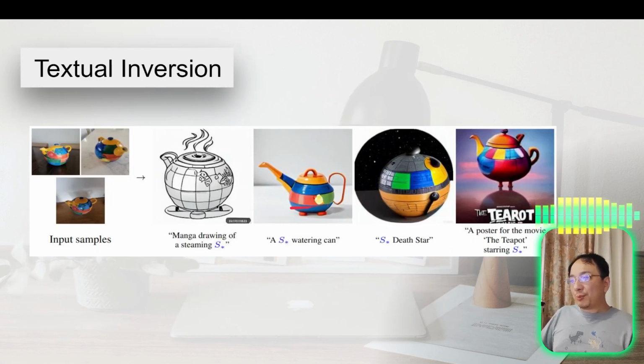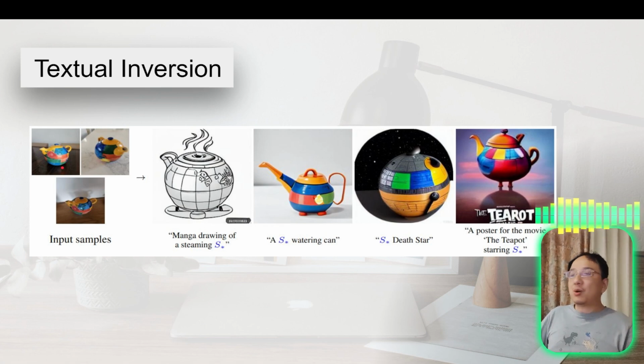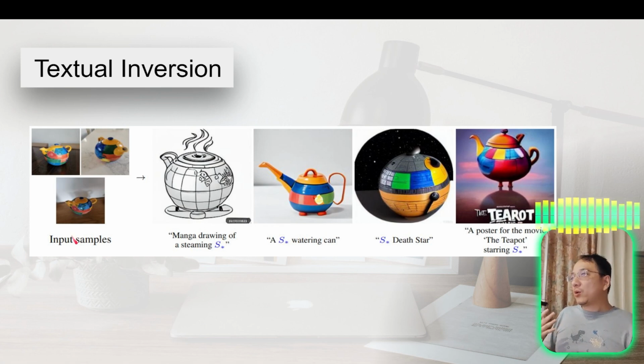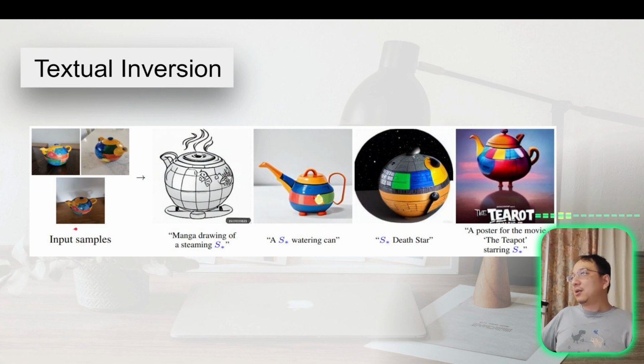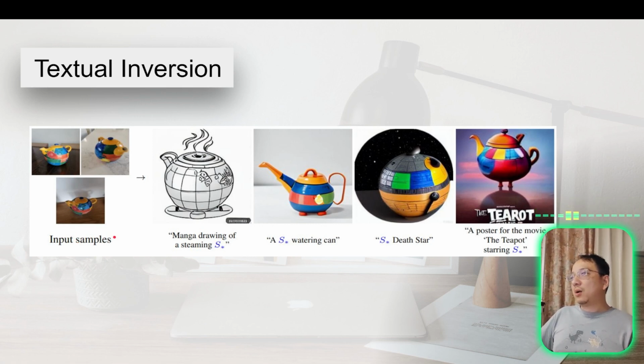To be more precise, for all these images, we do some simple augmentations so that we can have more samples. And we also construct some text related to this one, like a picture of S star or an object S star in this painting, or a photograph of S star, something like this one.